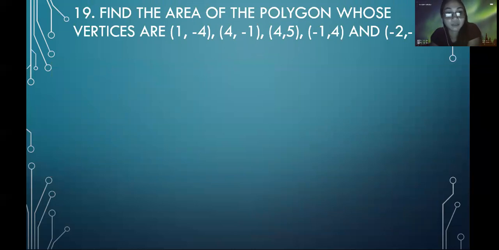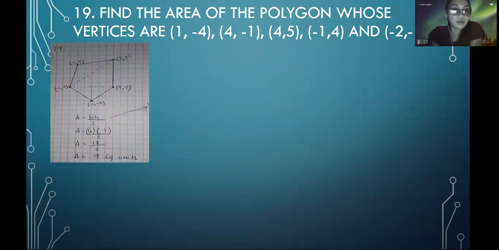Let's proceed to number 19. So find the area of the polygon whose vertices are 1, negative 4; 4, negative 1; 4, 5; negative 1, 4; and negative 2, negative 1. Here, I drew the polygon with its respective points.